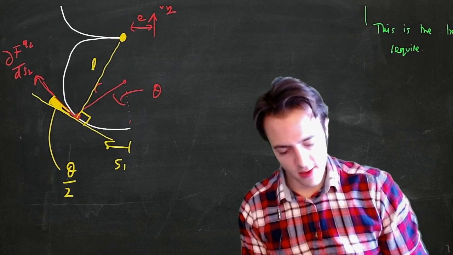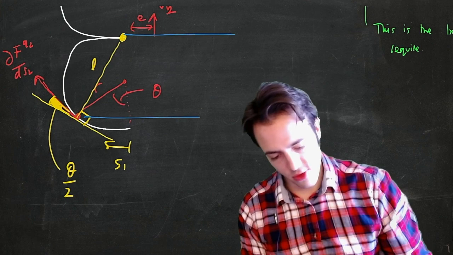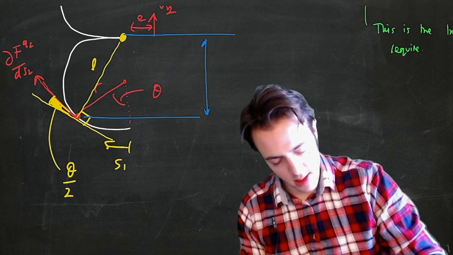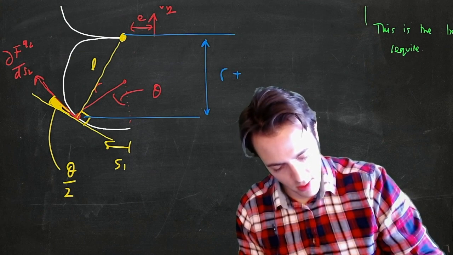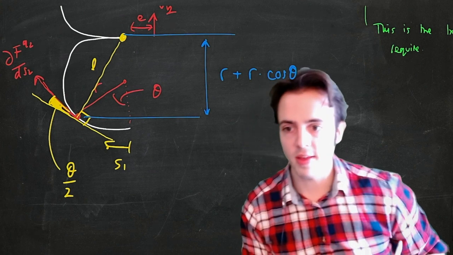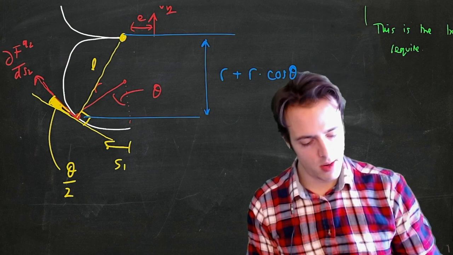So if this is L, let's say I've got this triangle again. So this height here is going to be R plus R cosine theta. Okay, R plus R cosine theta. I'll leave you guys to work that out.